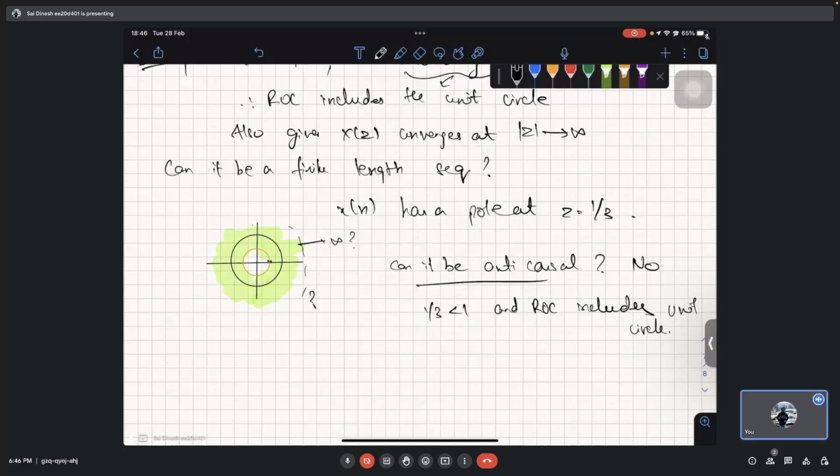If it is a causal signal, it can be a right sided sequence. Okay, yeah, so that is what we can say from the information that we have in the question.